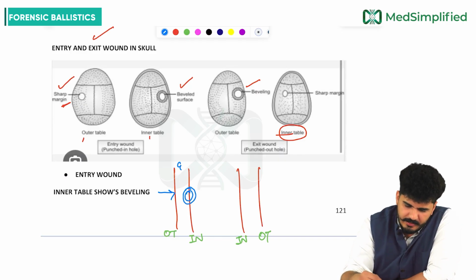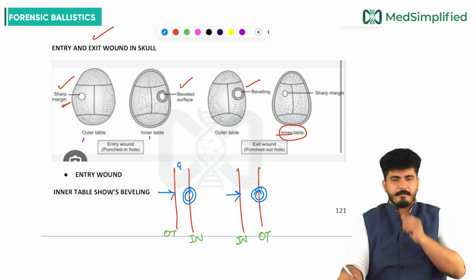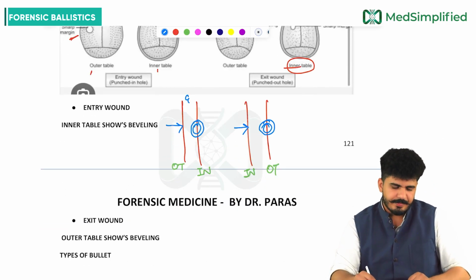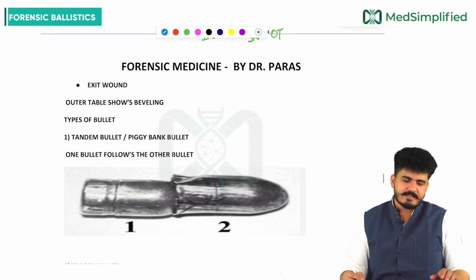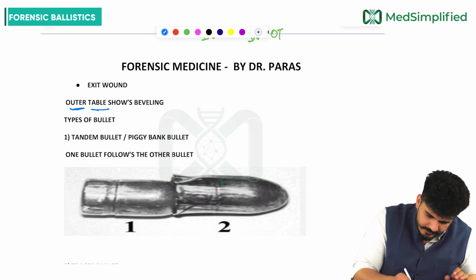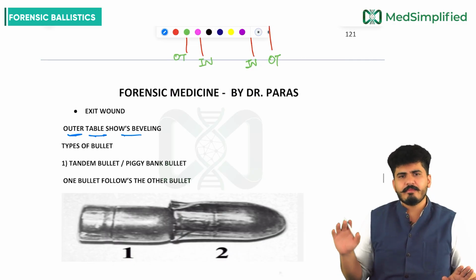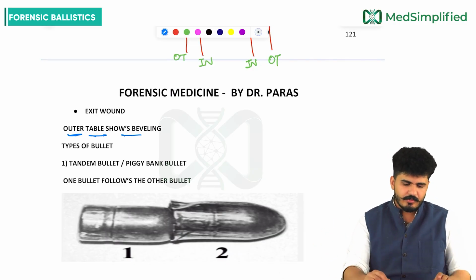In the exit wound, the inner table has a sharp margin, and the outer table will have a beveled edge, my dear friends. This is the basic difference you need to note here.